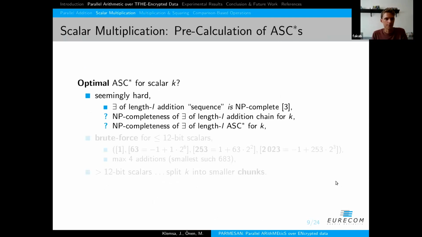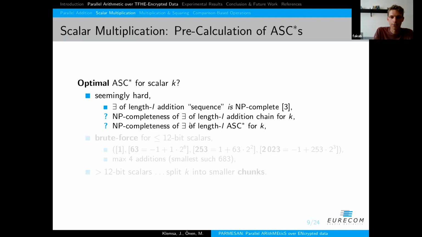Anyway, now we have these addition-subtraction chains with free doubling defined. But now we would like to find the optimal one for a given scalar k. It seems to be a hard problem, because the existence of a length L addition sequence was shown to be NP-complete. A sequence is slightly different from an addition chain, because in a sequence there are multiple values at the end, not just k, but a multitude of k's.